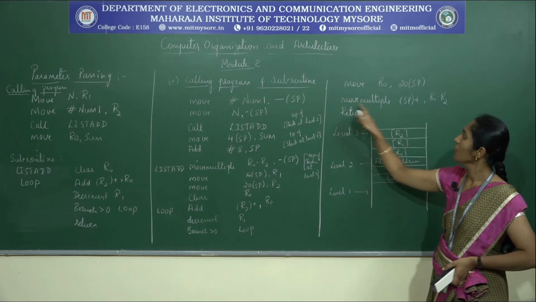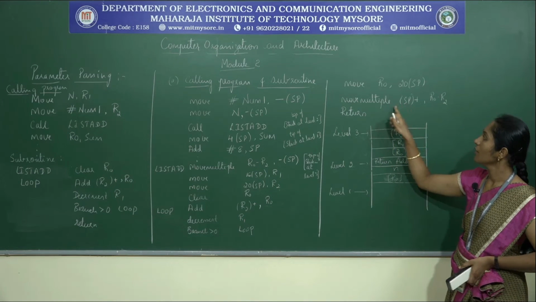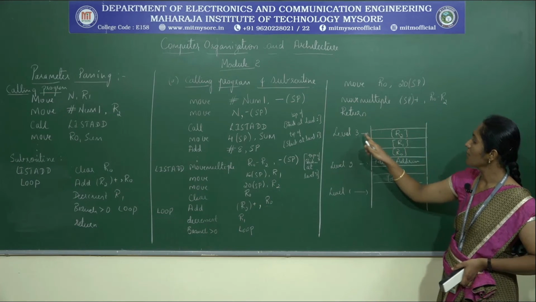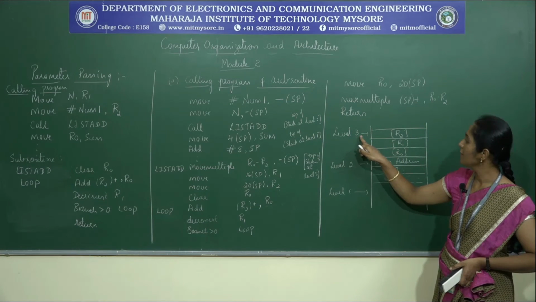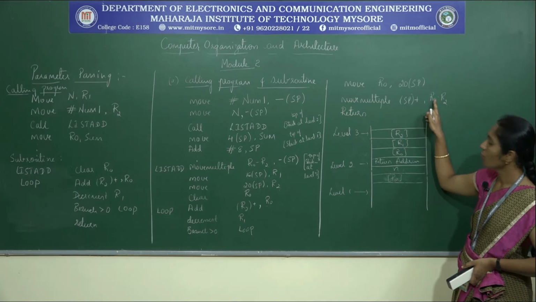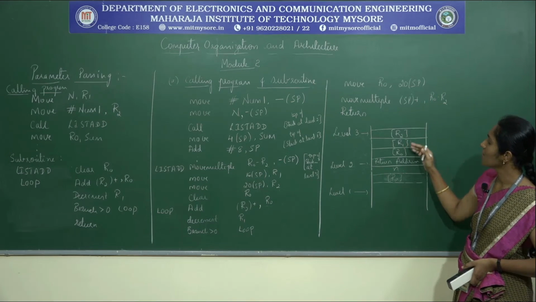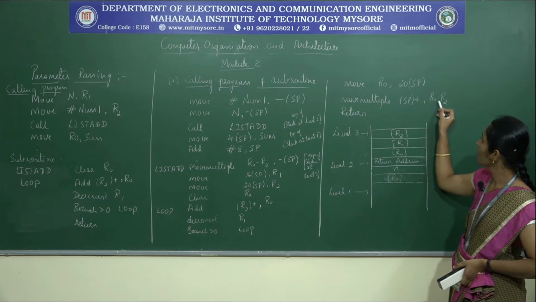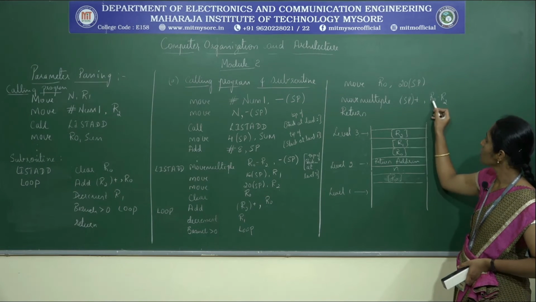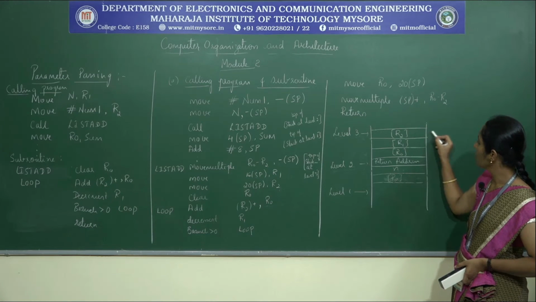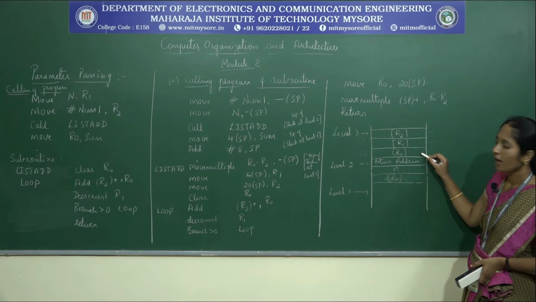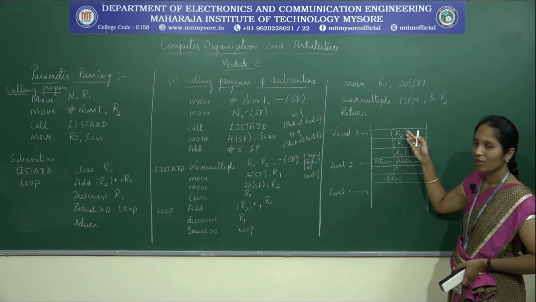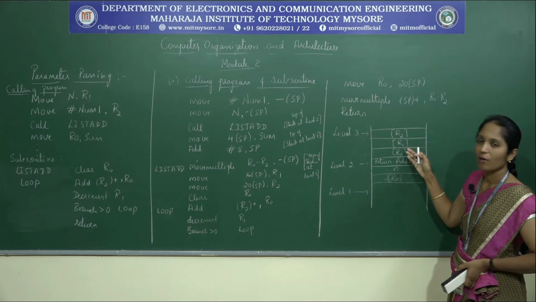And then again we are moving multiple registers by incrementing the stack pointer. Now the stack pointer is at this level 3, so it is going to copy the contents of these registers into this. First it will store and then it will increment. So the contents of R0 will be copied into this location, then the contents of R1 and then the contents of R2. Or it can copy the contents of R2 here, that's okay, and R1, R0 like this.